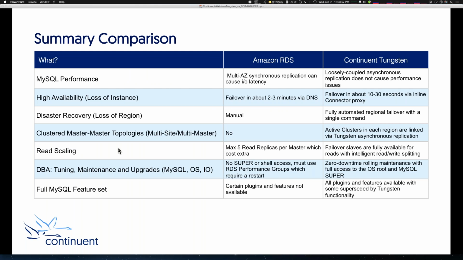We're going to dig in great detail into each of these different topics in the upcoming slides. But just to set the stage, let's briefly go over what the differences are between the RDS and Tungsten solutions. One of the main things about RDS is that it's synchronous under the covers. They actually move disk level bits and bytes between availability zones, that is inside a region only.